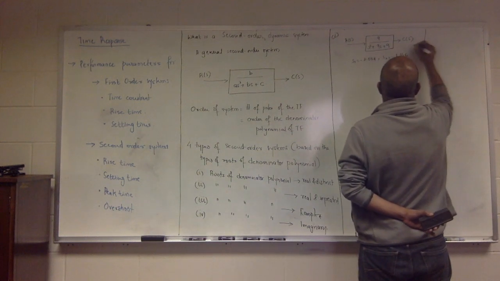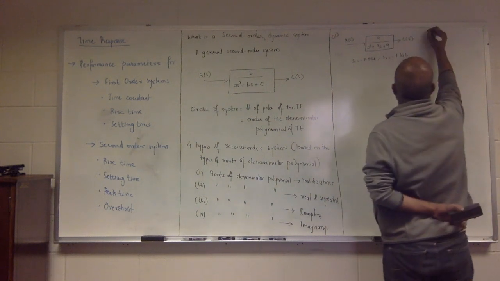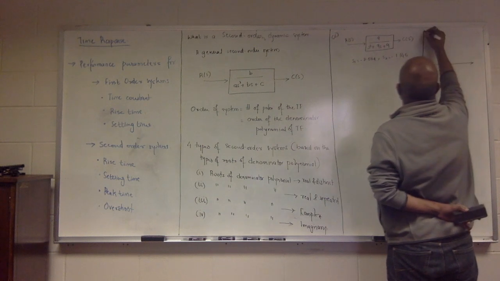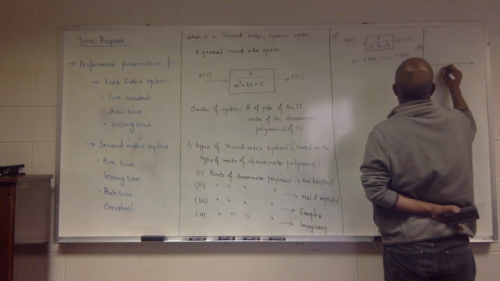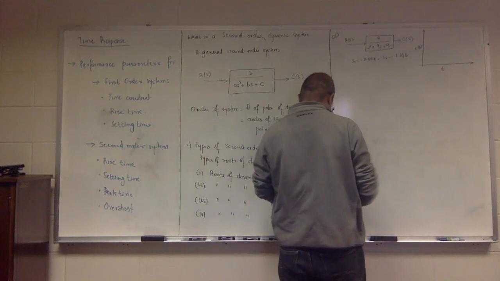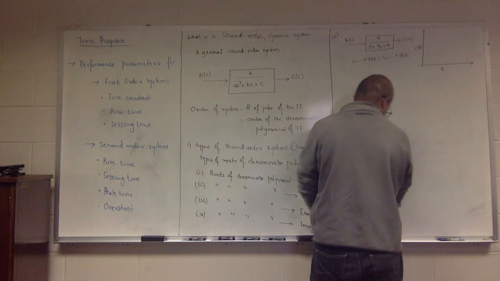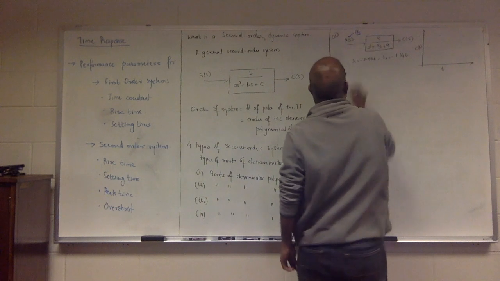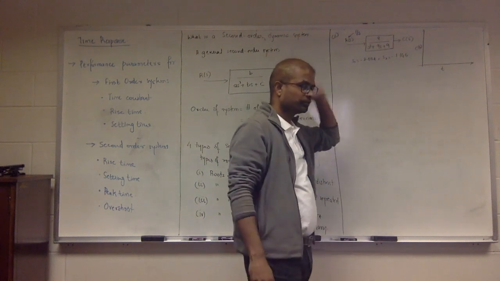And what's interesting is, if this input is 1 over s, what would the output be? 1 over s is what kind of input?